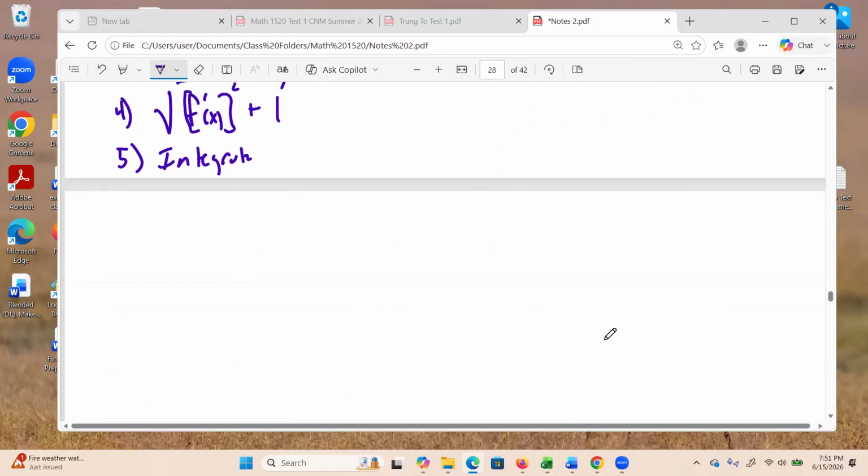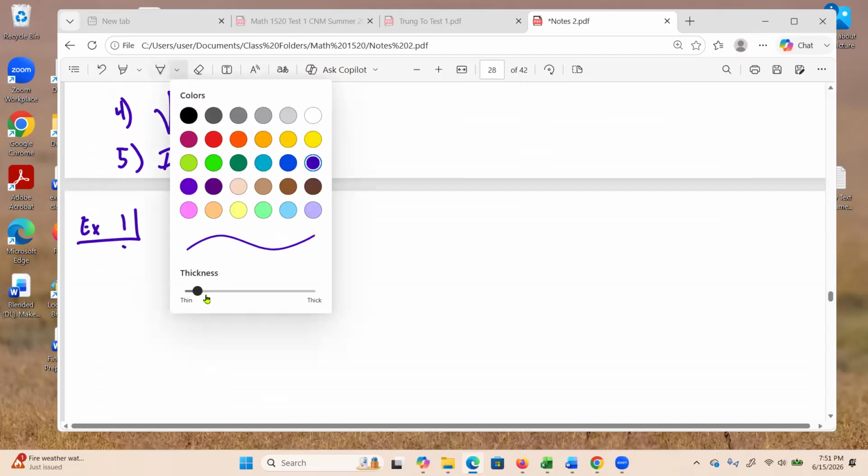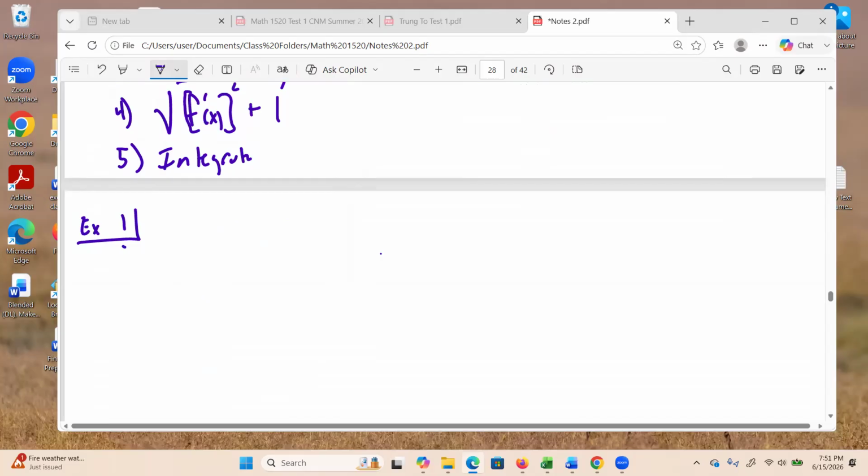I think we probably need to see some examples. So let's see, my example 1 here. I don't know if I like this or not. I might go down a stroke here. So, example 1: y is equal to 2/3 x to the 3/2, and we want to calculate the arc length from 0 to 4.